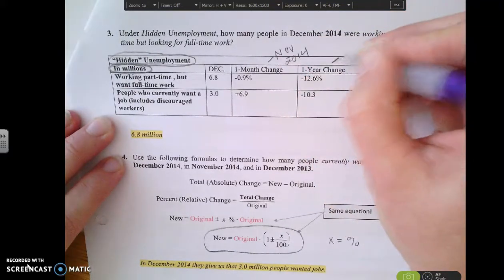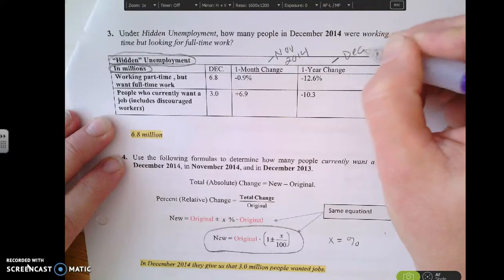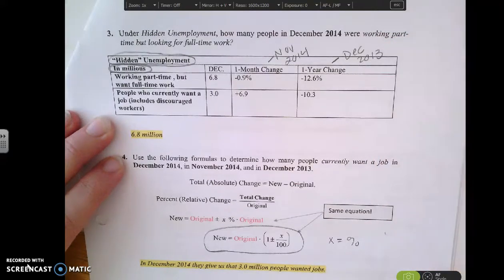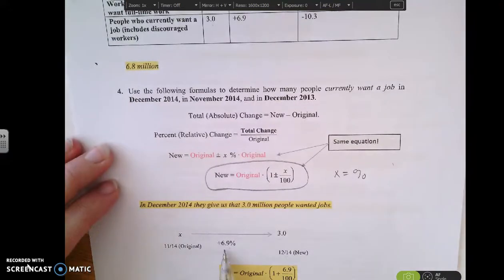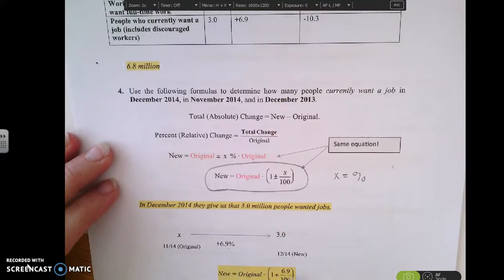And this is a one year change, so this would be December 2013. So the percentage of change was 6.9, and we were looking for November.